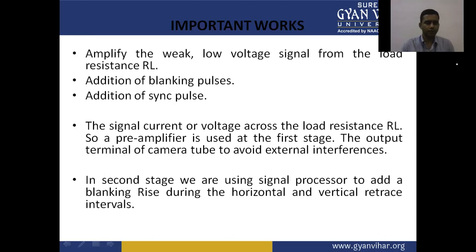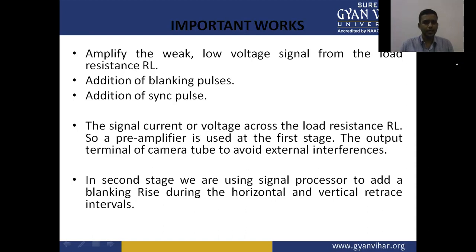So in the amplifier section, after amplification, we add the blanking pulse and the sync pulse to the corresponding video signal. The signal current or voltage is taken across the load resistance RL.